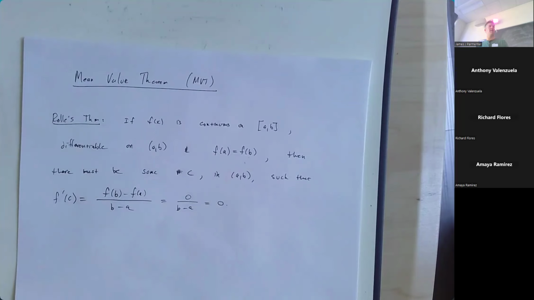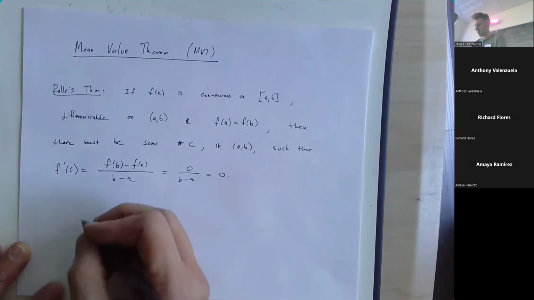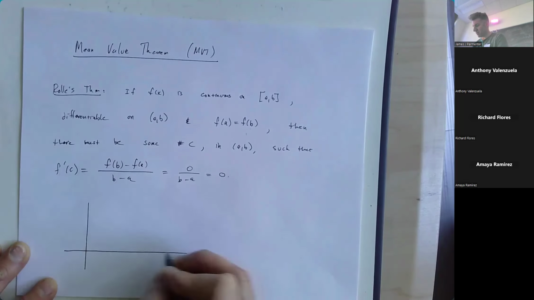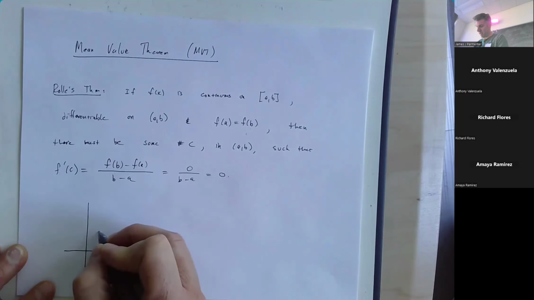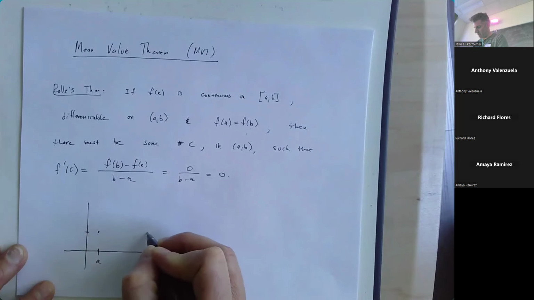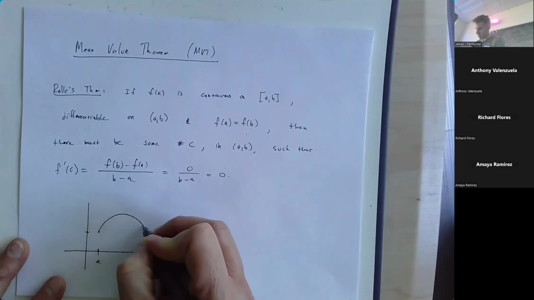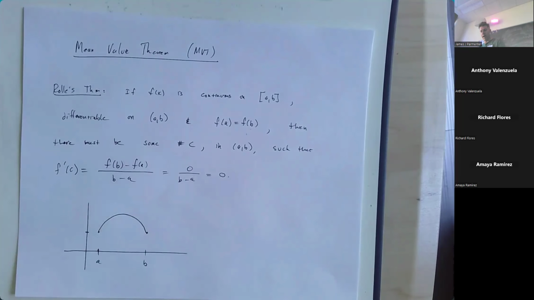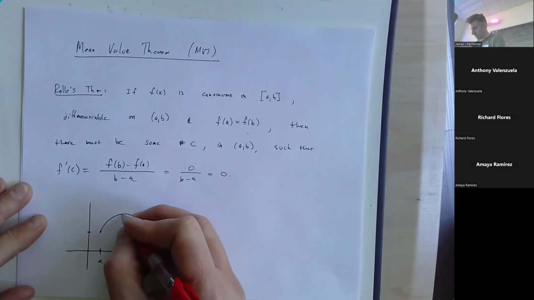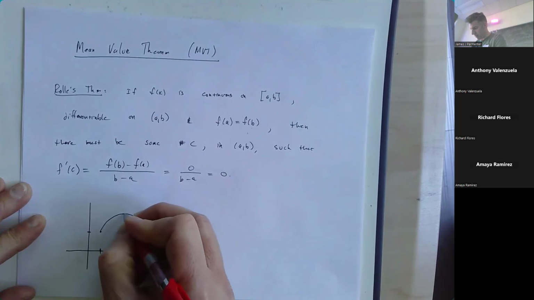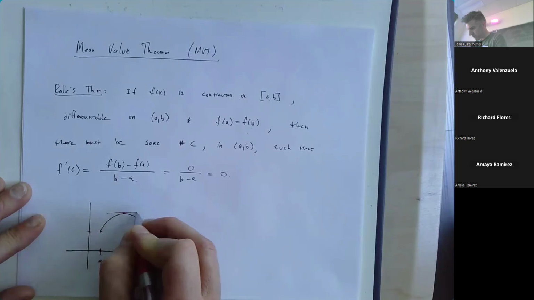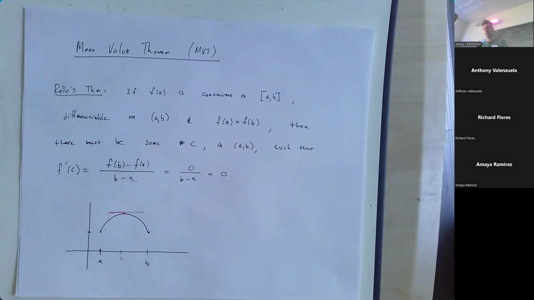This theorem is not lovely to read, but it's really nice if you draw a picture. Here's some of the pictures. There's a, there's b, and f of a and f of b are the same. Maybe my function looks like this. Oh yeah, there has to be a point in between a and b where the derivative is equal to 0.